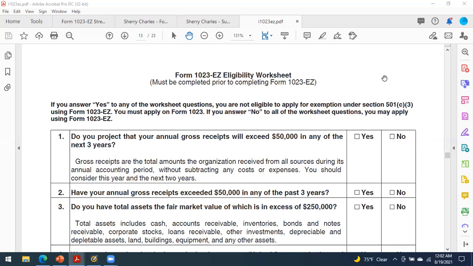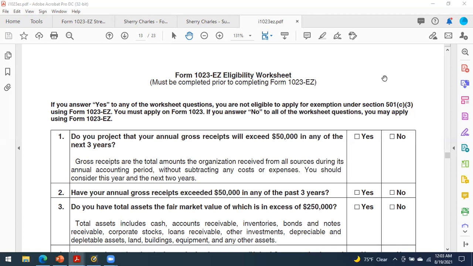So this question to me must have the answer no. I just don't see how you can offer any program that doesn't cost you $50,000 to offer each year, at least that amount. Now, if I'm wrong, I'm wrong. If I'm wrong about yours, then that's fine.